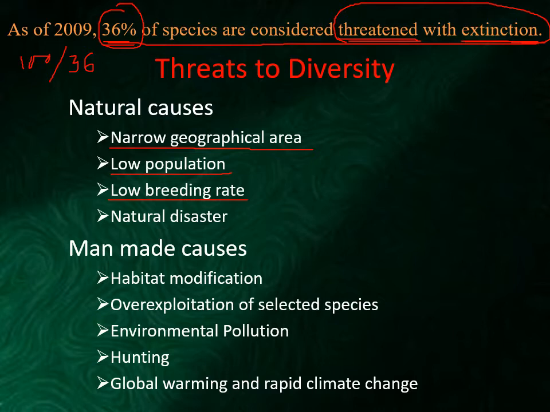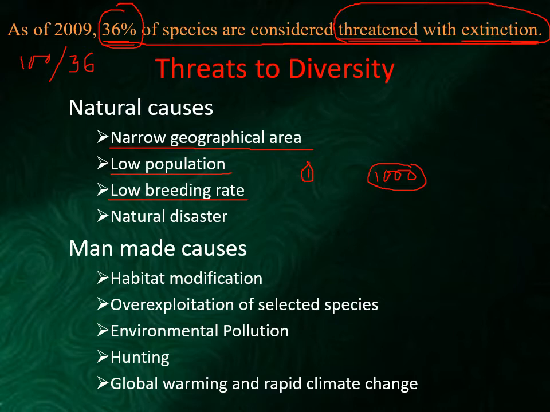And even if the number of offspring is much higher, suppose an organism reproduces one individual and another organism reproduces 1,000 individuals in every reproduction season. So two organisms, one is reproducing one individual, another reproducing 1,000 individuals.